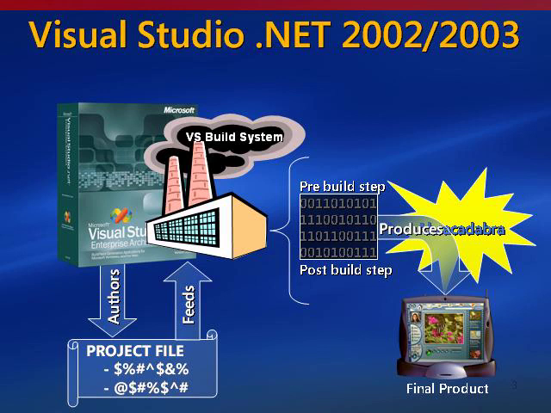The next one is the actual build process itself. That build process today is very much a black box. There's really no way for you to figure out what Visual Studio is doing when you press F5. Turns out, we run through about 11 steps when you click F5, and we really give you today the ability to insert some pre-build steps and some post-build steps.